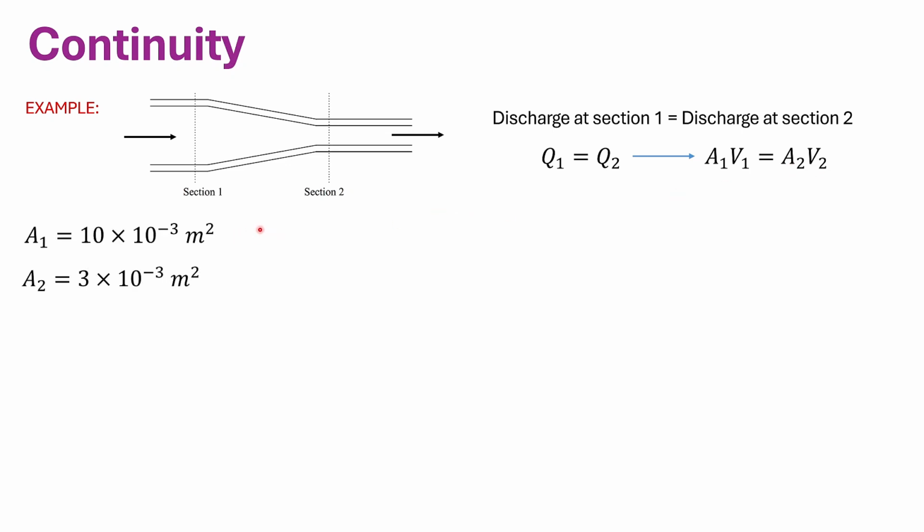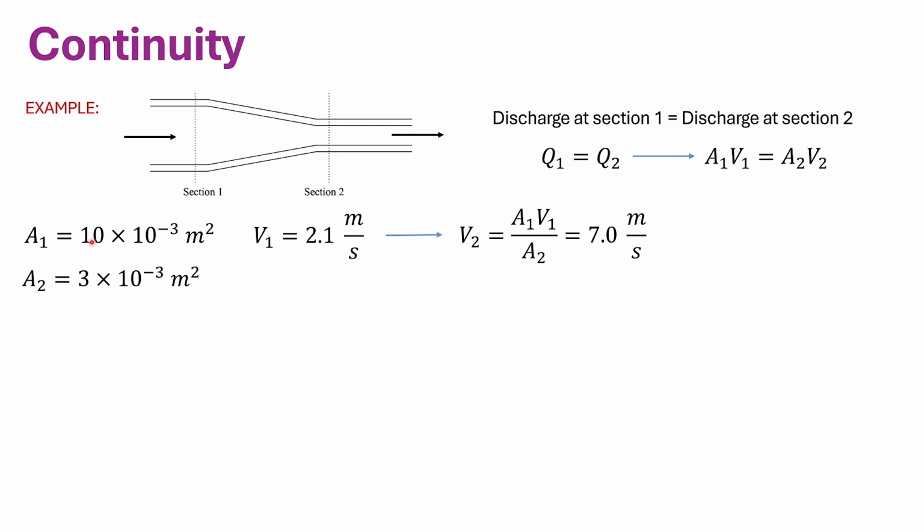So if we know that A1 is, for example, 10 times 10 to the negative 3 meters squared, and A2 is 3 times 10 to the negative 3 meters squared, and if we know V1 at this section, we can calculate V2 at this section using the continuity formula.